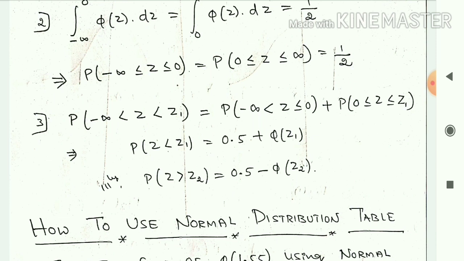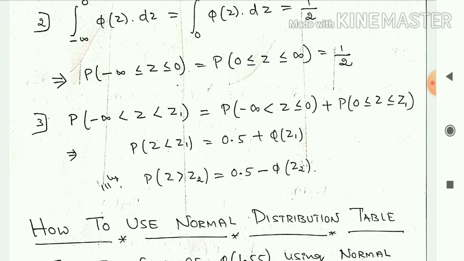So 0.5 plus the remaining area depending on the value of z1. Therefore, I will take it as phi of z1. Therefore, if p of z is less than z1, the total area is 0.5 plus phi of z1, where z1 is greater than 0. Similarly, if p of z is greater than z2, then the area is 0.5 minus phi of z2. So if it is less than, plus; greater than, minus. So try to remember this formula also. This is very much required in the upcoming problems.